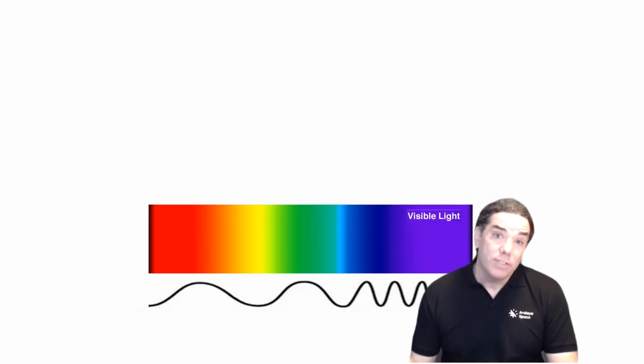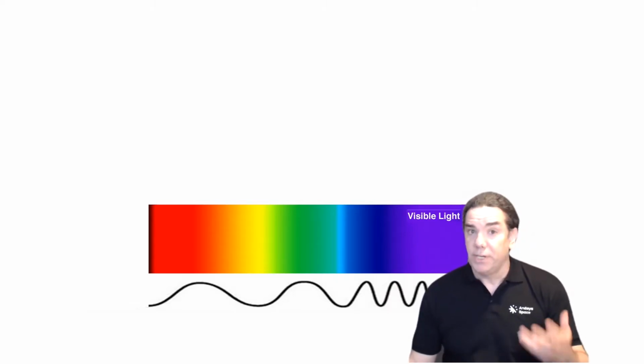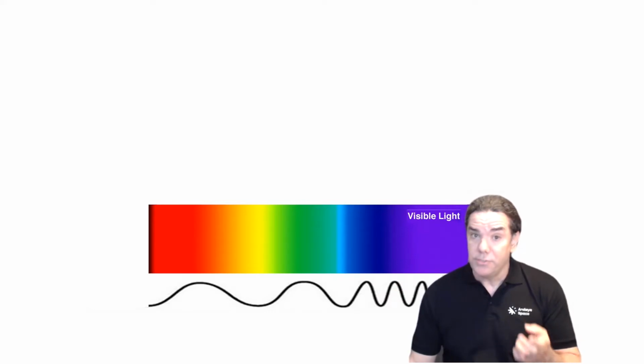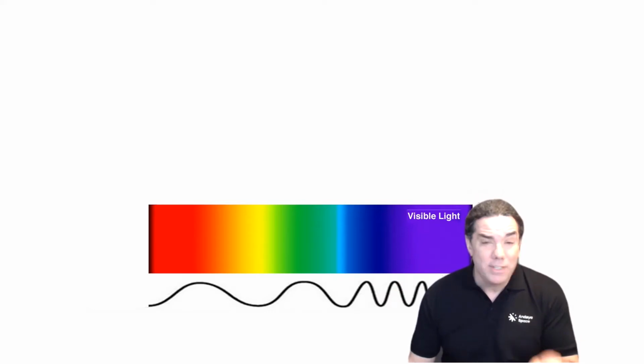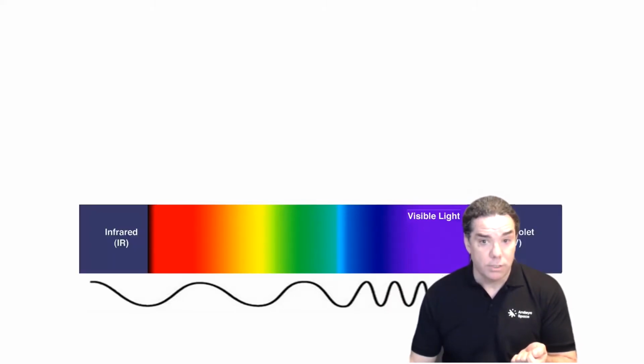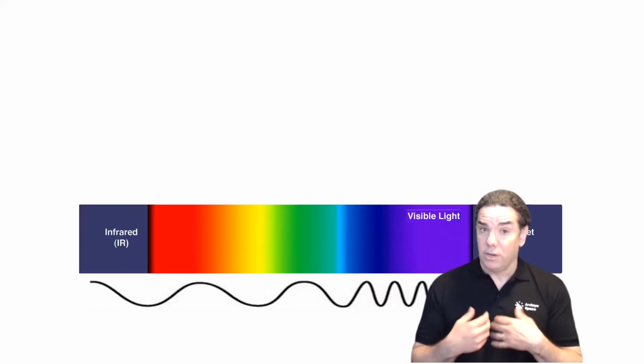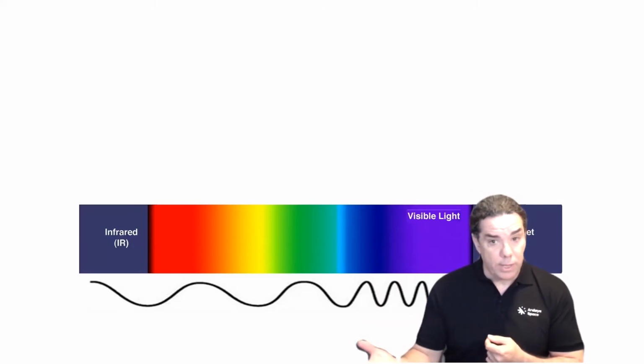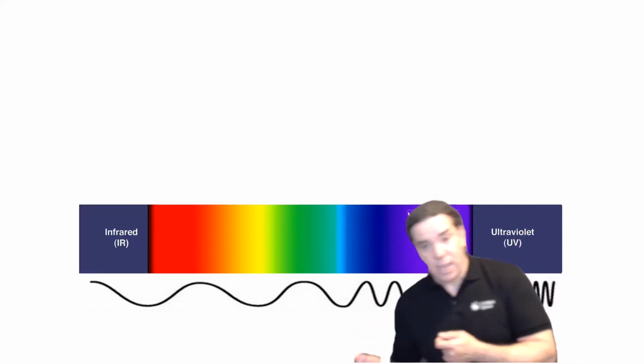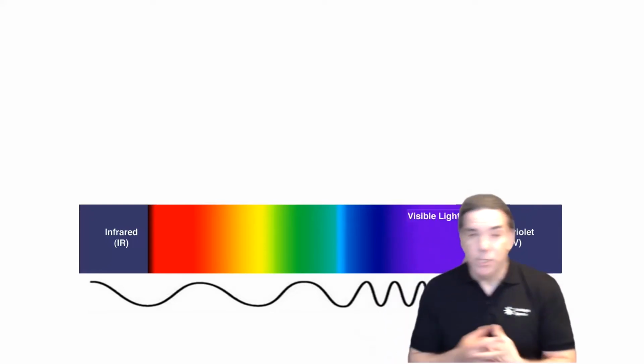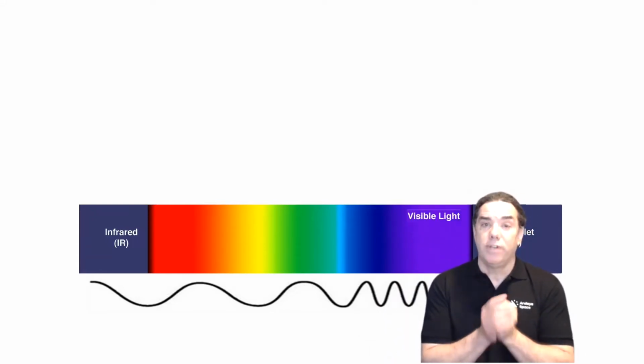So depending on this wavelength, we have different components for the optical light. But is this everything? Is this everything, all the different types of light that exist? Of course not, because beyond the red color, we have the infrared. And on the other side, beyond the violet, we have the ultraviolet.